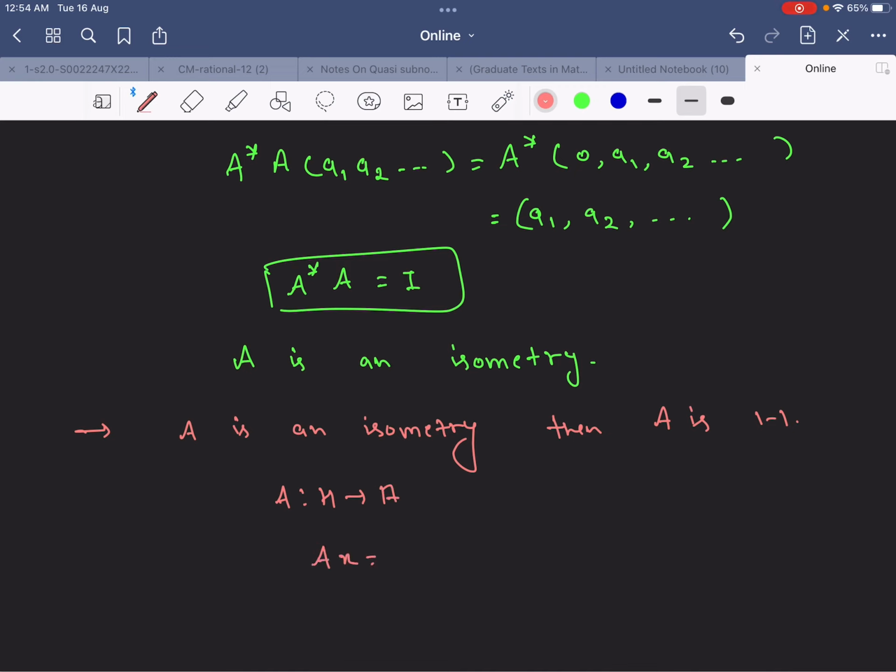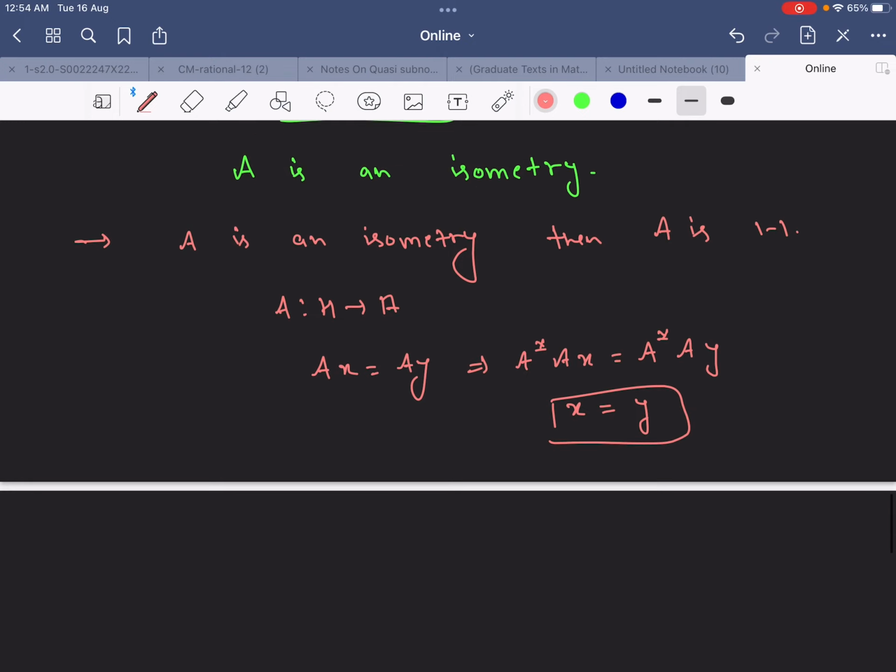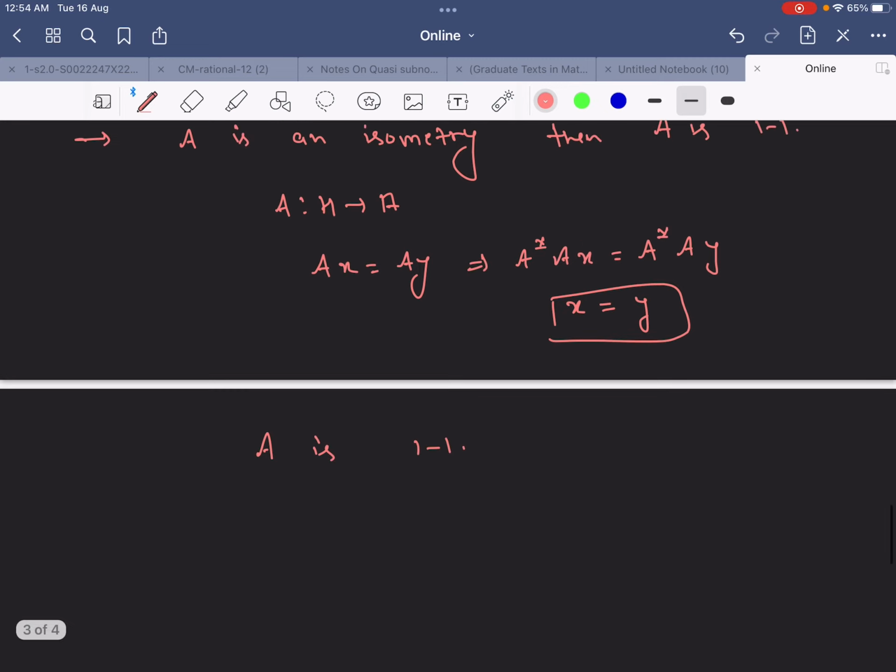Suppose Ax equals Ay, then you apply the adjoint on both sides, then you will get A star A x is the same as A star A y. But because A is an isometry, A star A is nothing but the identity, so it will be x equals y. So this implies A is one-one.